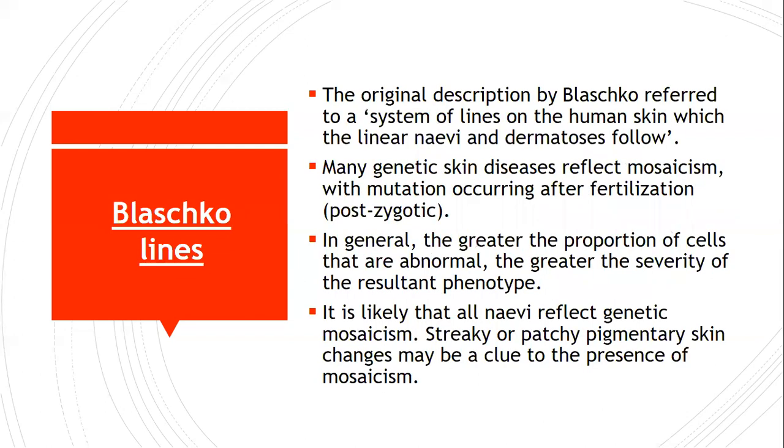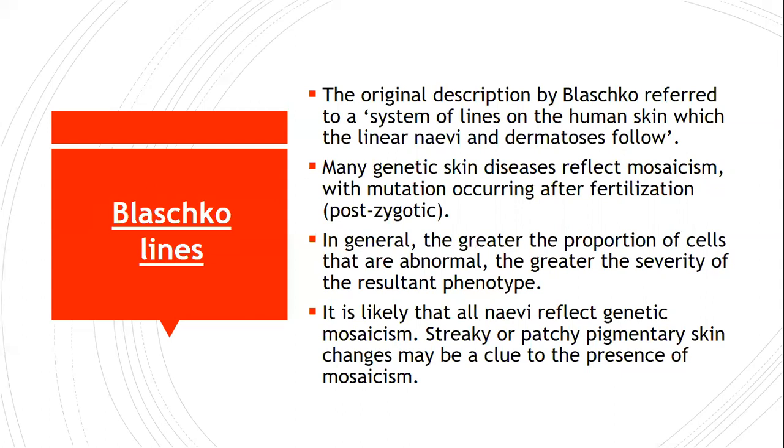The original description of Blaschko refers to a system of lines on human skin which the linear nevi and dermatoses follow. Many genetic skin diseases reflect mosaicism with mutations occurring after fertilization, post-zygotic. In general, the greater the proportion of abnormal cells, the greater is the severity of the resulting phenotype.